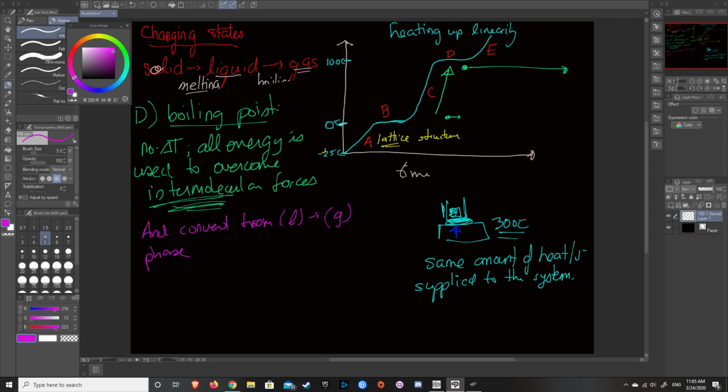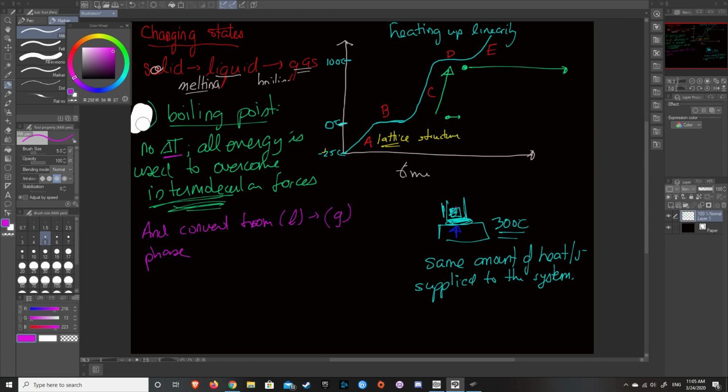So that's why we see no delta T, is that all of the energy that this hot plate is pumping into the solution is only used to break the intermolecular forces. So it's not used to speed them up anymore. They're already fast, but what's keeping them from getting faster is the fact that they're attracted to something. They're attracted to the other liquid molecules.